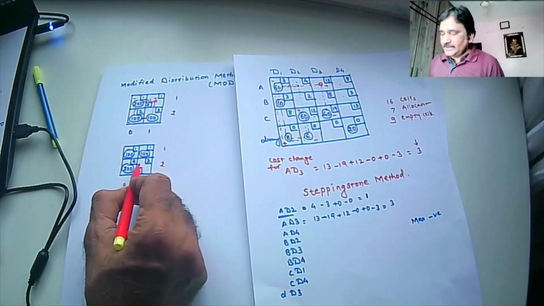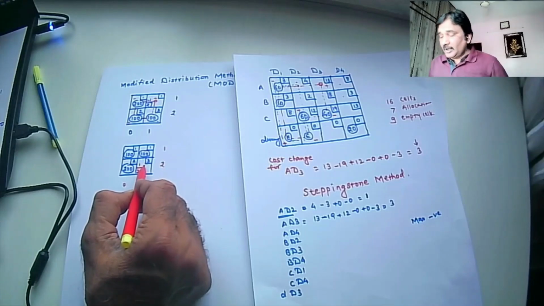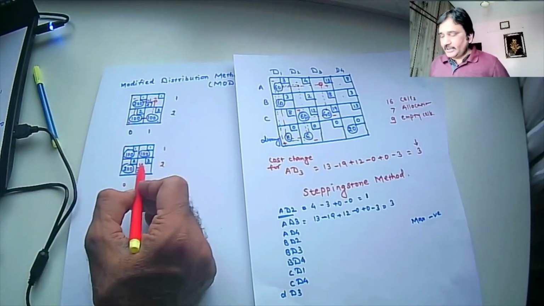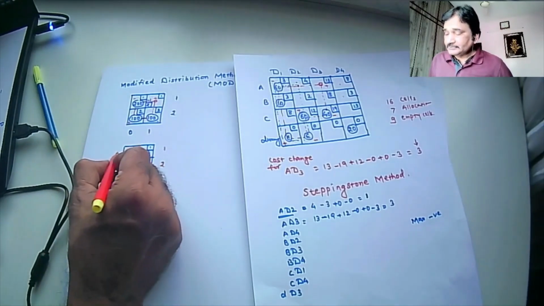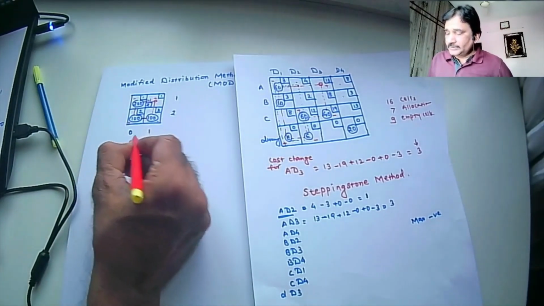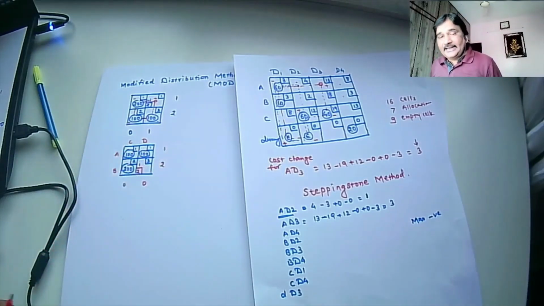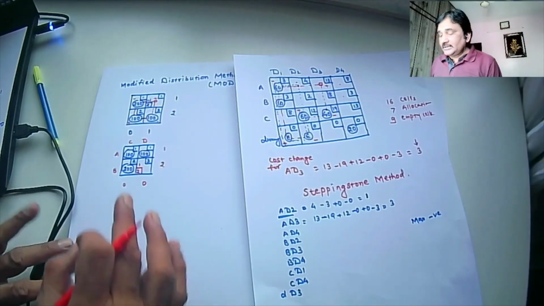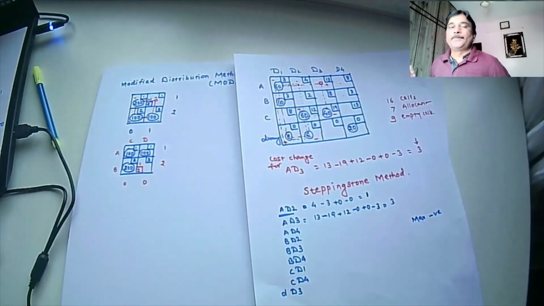The transportation cost will increase by 1 rupee if you allocate 1 unit here, and obviously with every additional unit transported via this route, the cost will increase. So that is to say, there was only one empty cell, and that empty cell doesn't have saving potential. That means the allocation which we have got here is optimal.